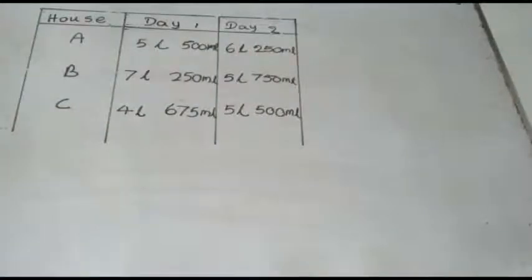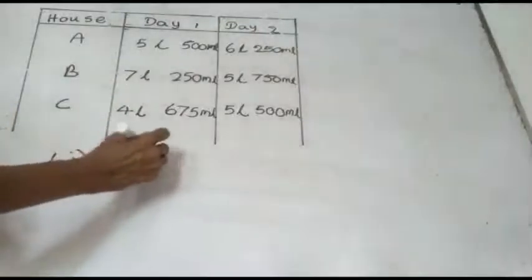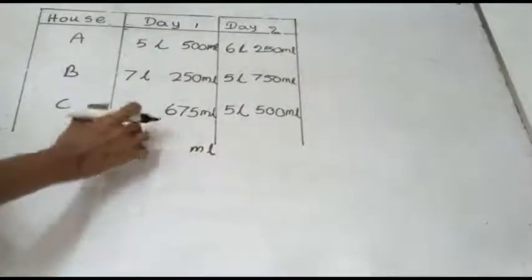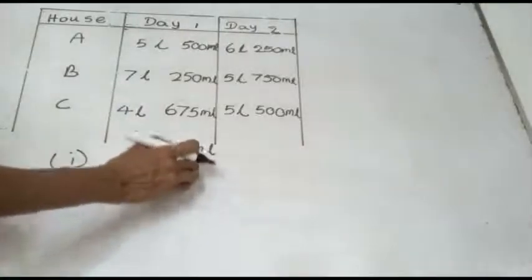Express the total quantity of milk that was obtained from House A during 2 days in terms of liters and milliliters. 11 liters and 750 milliliters. Yes. We write liters in this column, milliliters in this column.